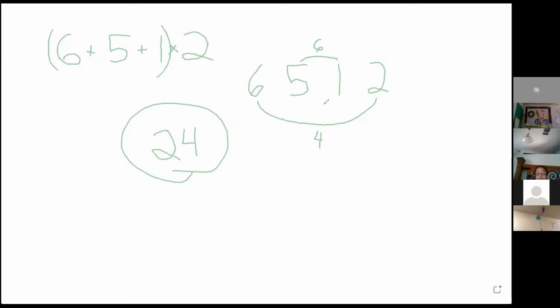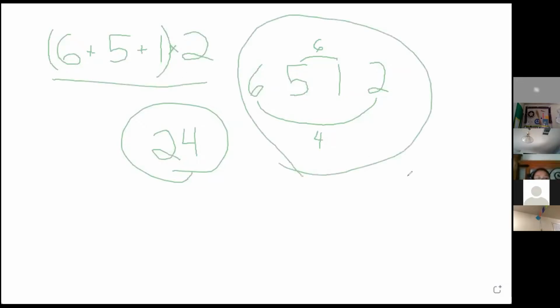Does anybody notice a difference in how I wrote it over here versus how I wrote it over here? There's 3 numbers for the first one and a 1-digit number to multiply.